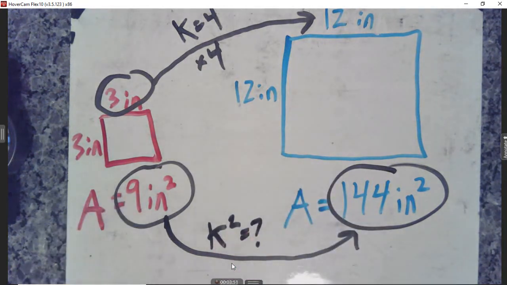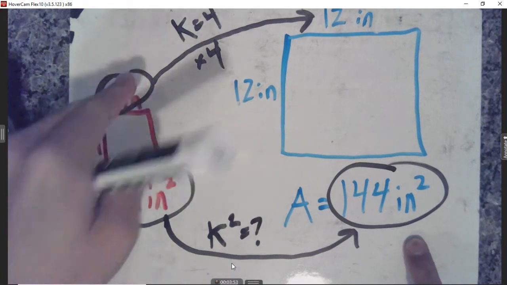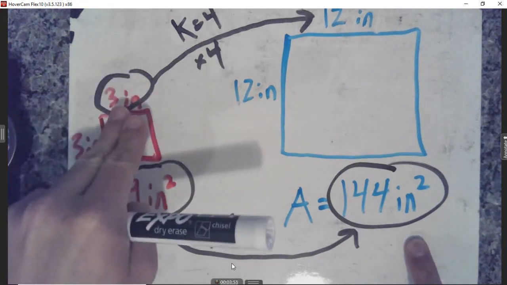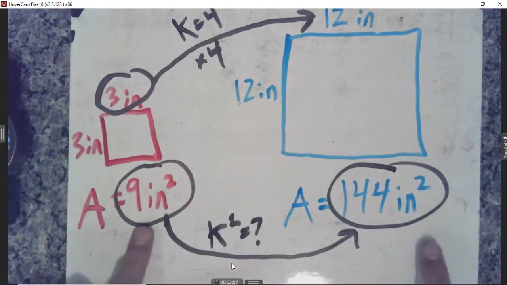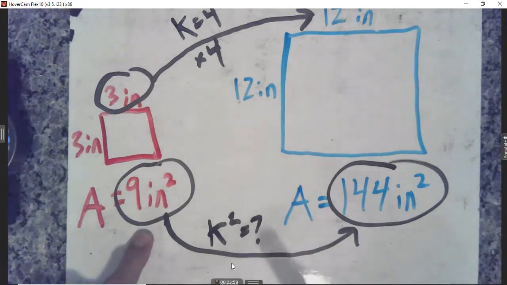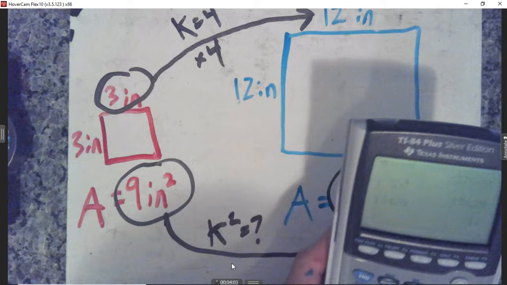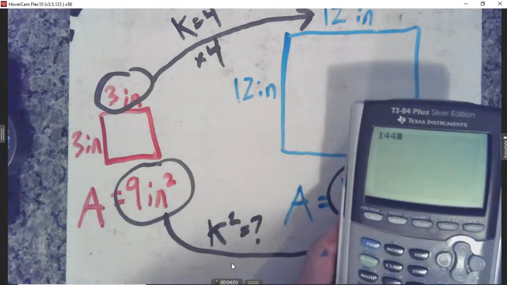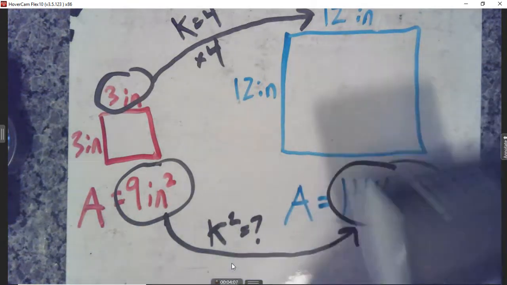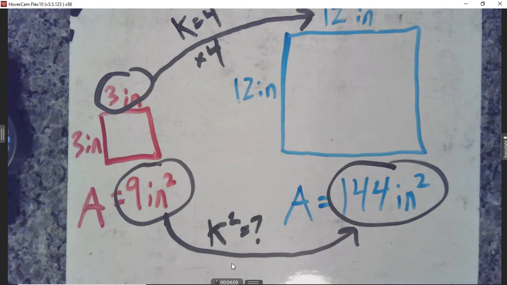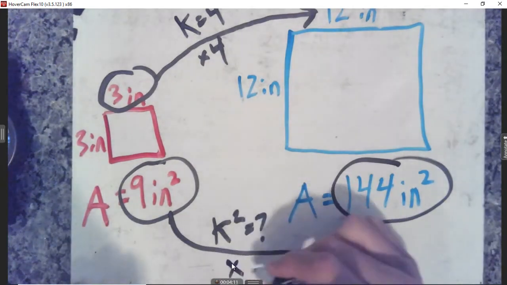We could think about it just like we did earlier. We knew that 3 times 4 would give me 12, but all we had was these two. So 9 times what would give me 144? We can just do 144 divided by 9, and we get 16. And that is consistent with what I mentioned earlier.